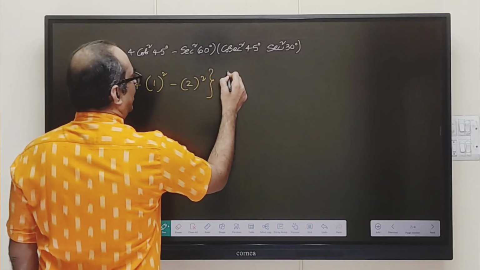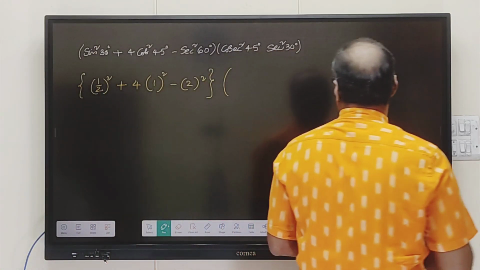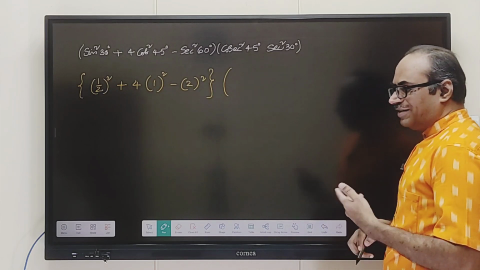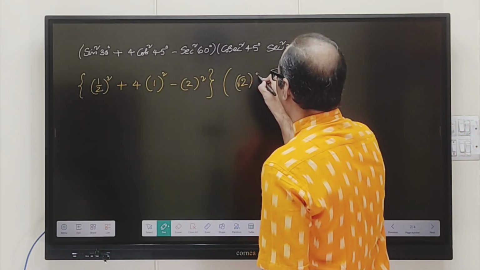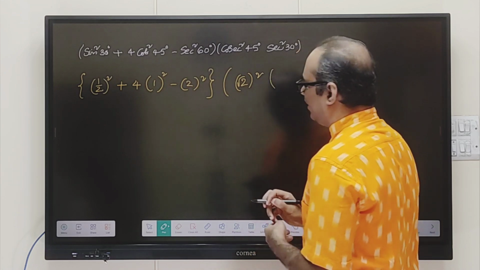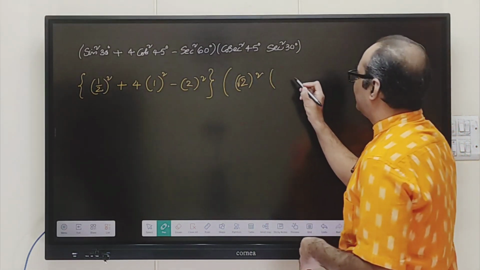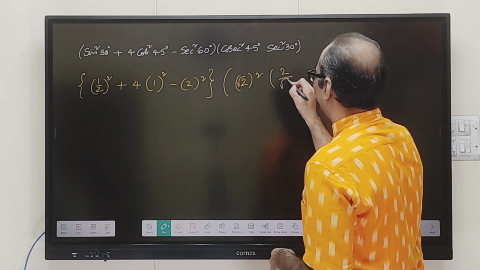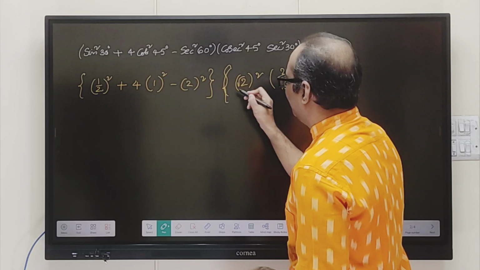Multiply that with cosecant square 45. What is sine 45? 1 by root 2. What is cosecant 45? The reverse of that. That is nothing but root 2 whole square. And that you multiply with secant square 30. What is cos 30? Root 3 by 2. Secant 30 is 2 by root 3. So this will be secant square 30, 2 by root 3 whole square. Now let us simplify this.